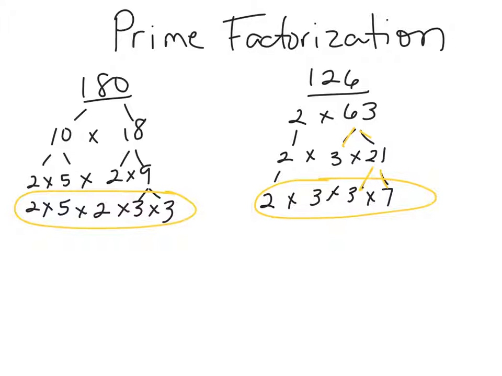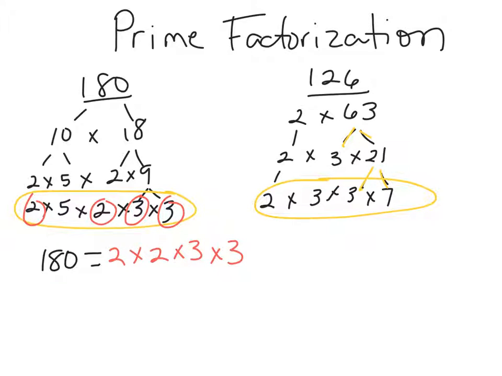Now, once I've done that, I can now write out 180 equals, we have 2 times another 2 times a 3 times a 3 times a 5.